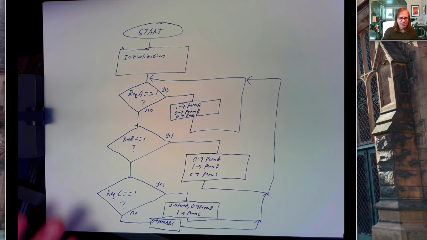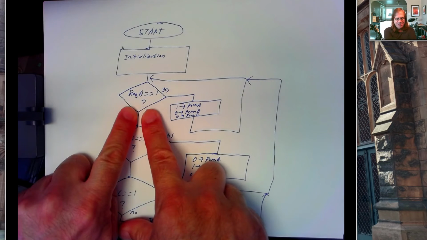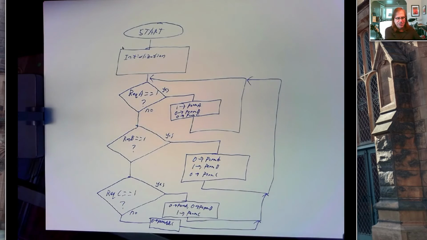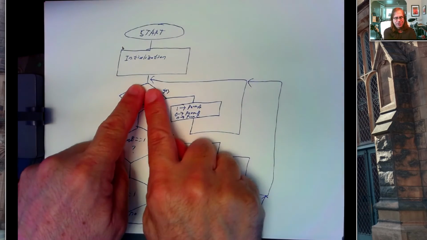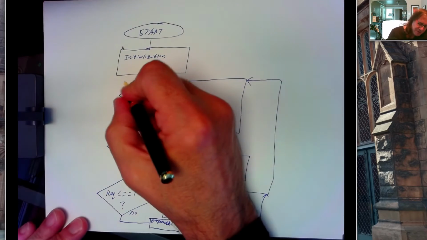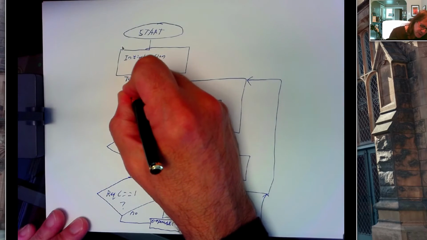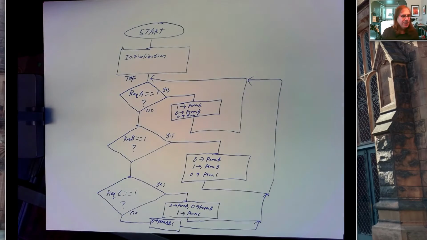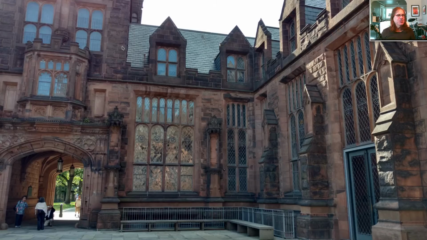So that's my initialization. And then I want to see if request A is equal to 1. Okay, and I know I'm going to keep looping back up here, so I'm going to put a label here. And I'm actually going to put this label in my flowchart just to help me tie it into the code. I'm going to creatively call this label top.